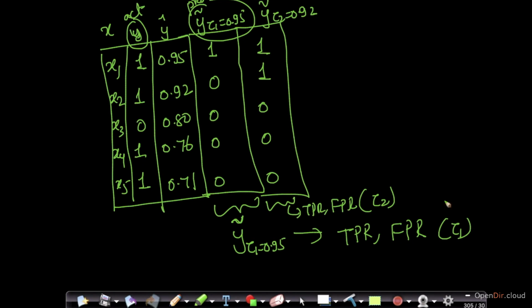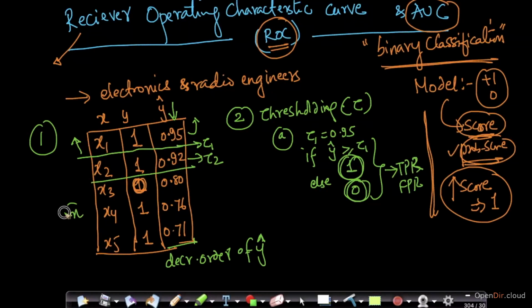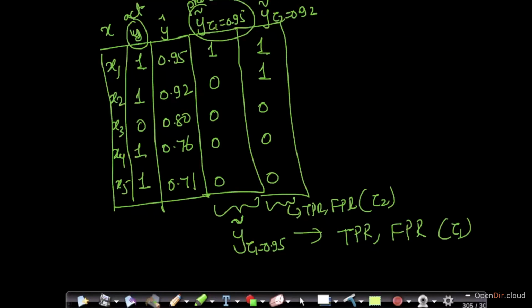These correspond to tau1. Similarly, I can keep changing these thresholds. If I have n points here, I can have n thresholds, right? Now, if I have n thresholds, tau1, tau2, tau3, so on and so forth, tau n, for each tau, I can get an FPR and a TPR, right?